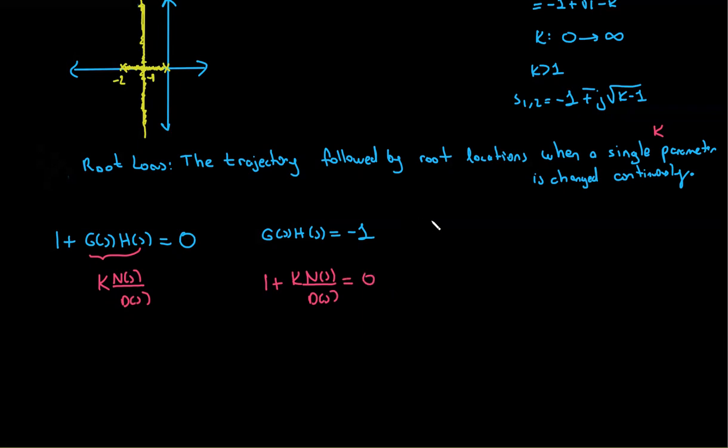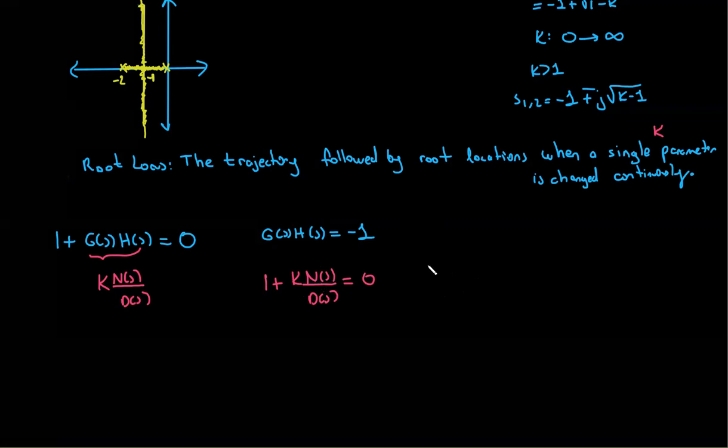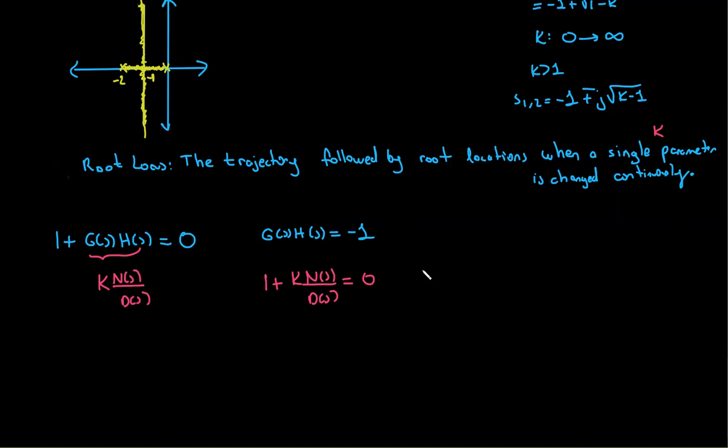And when I'm solving this equation in the complex plane, I will use two conditions which are called the magnitude condition and the angle condition. So let me write that down. K times N(s) over D(s) is equal to -1. From this equation, I will have two conditions that need to be satisfied.